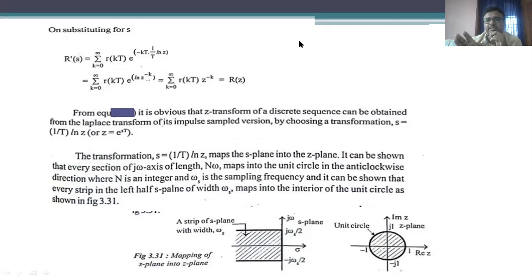That means the strip in the left half plane of the S-plane with the width omega s, where omega s is the sampling frequency, has to map with the interior portion of the unit circle of the Z plane. This particular portion has to map the interior portion of the unit circle in the Z plane.